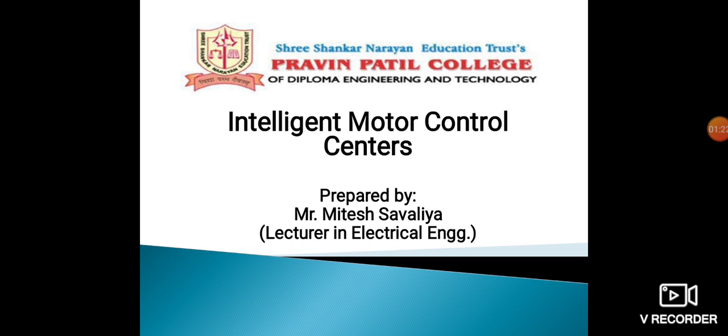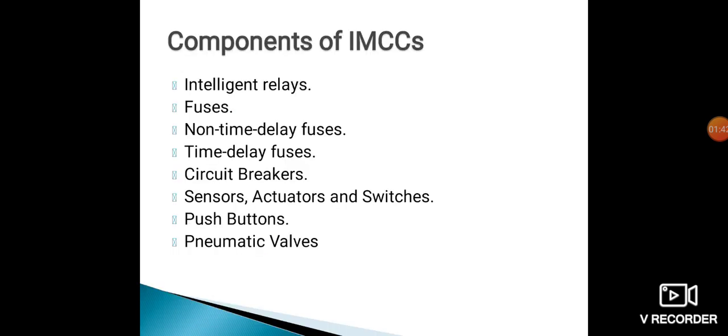Now in this video we are going to learn what are the devices and components used in the IMCC that make a conventional MCC into the Intelligent Motor Control Center IMCC. So which components are responsible, we will see in this video.